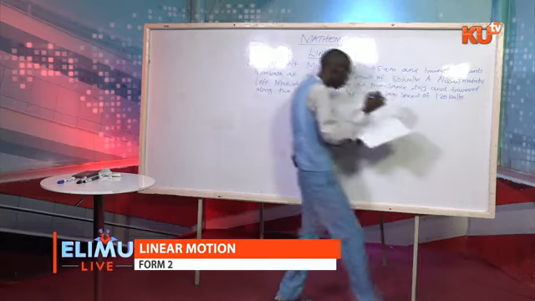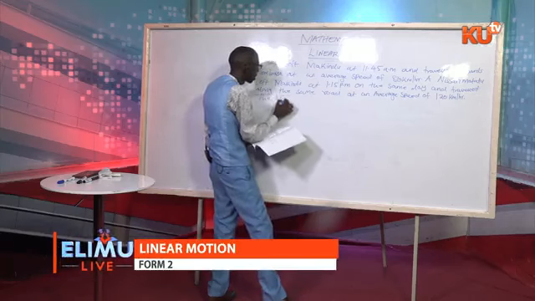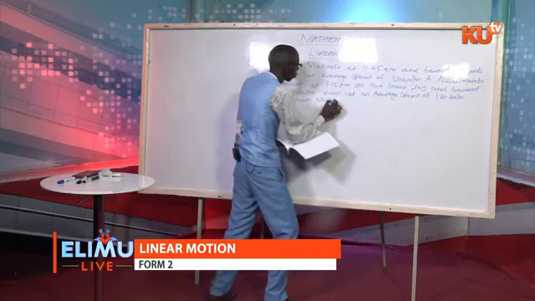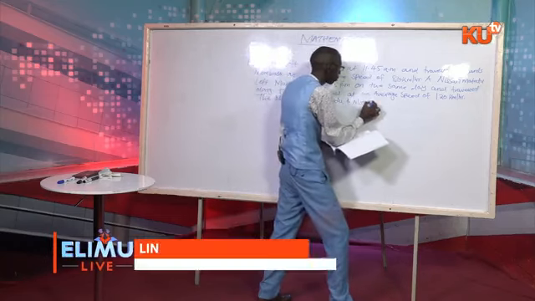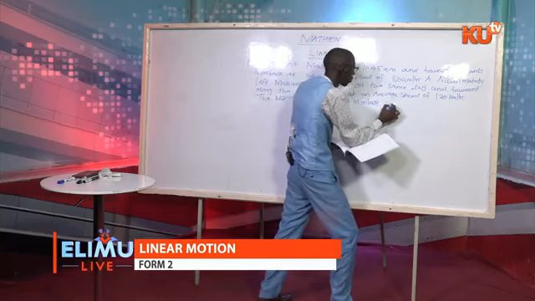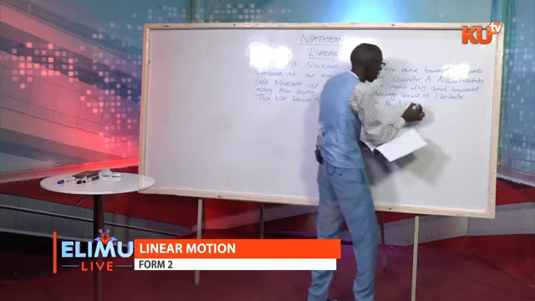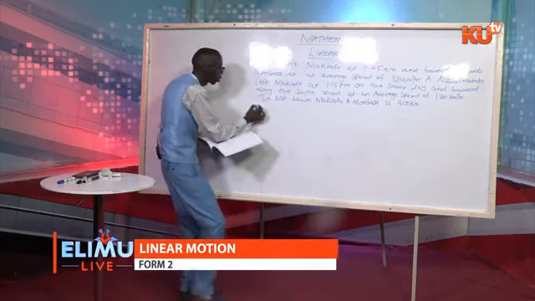The distance between Makindo and Mombasa is 400 kilometers. Question A. So we'll first do question A.